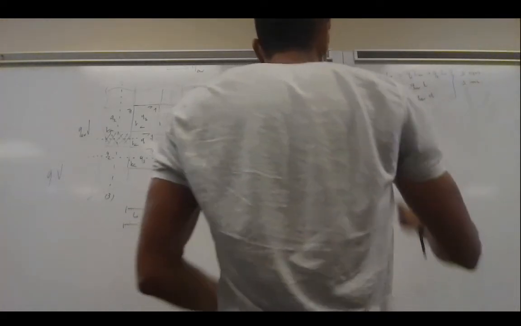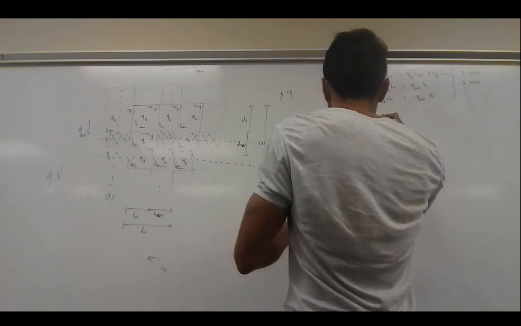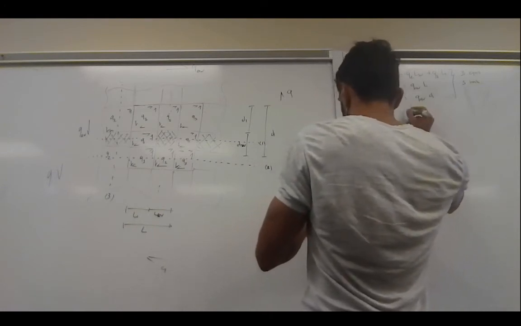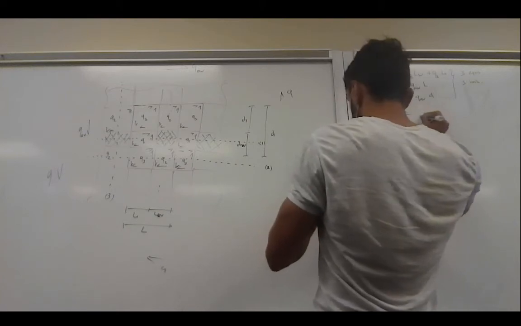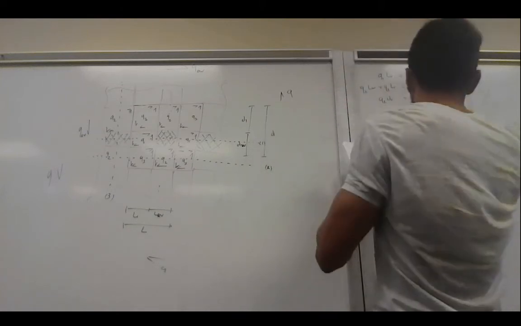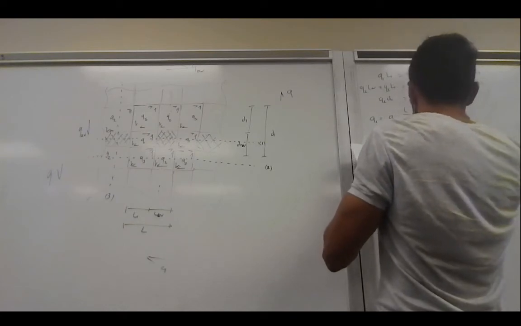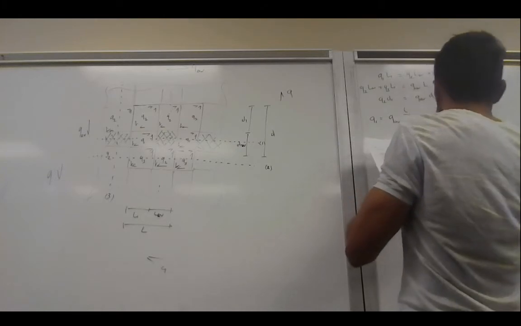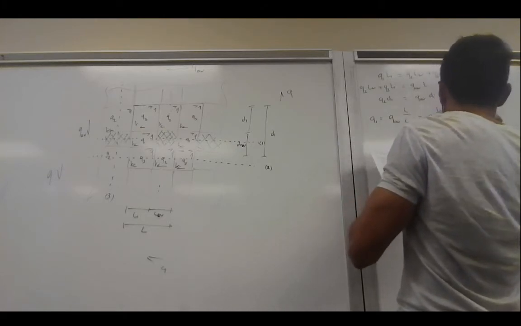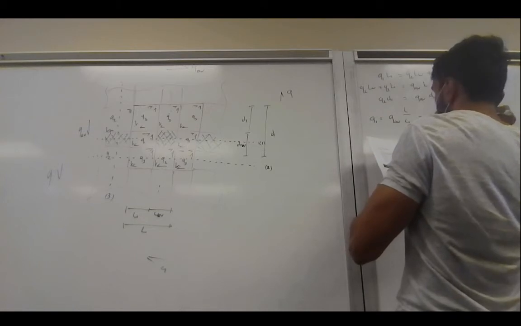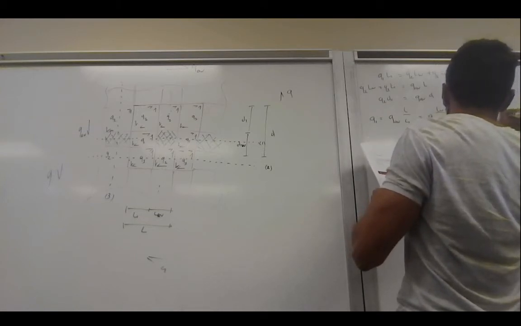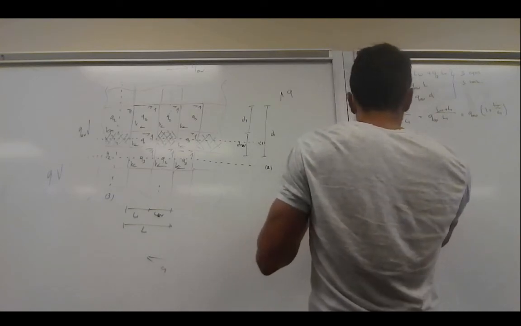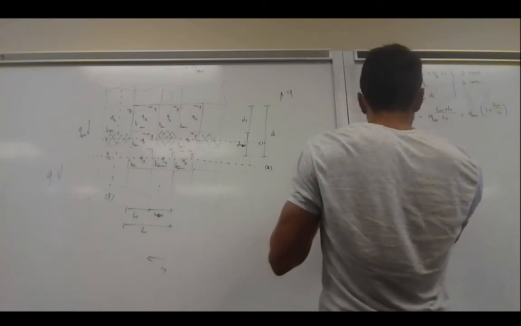Now if you solve them, what you will get is Q1 is equal to Q average L over L1, and then you can rewrite that as Q average L1 plus LW over L1, which is equal to Q average times 1 plus LW over L1. Q2 is equal to Q average D over D1.